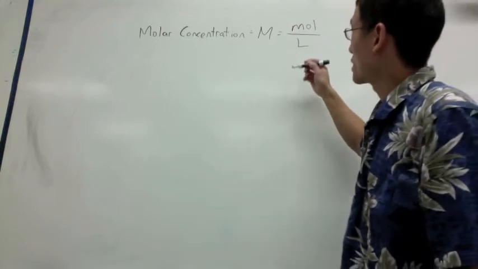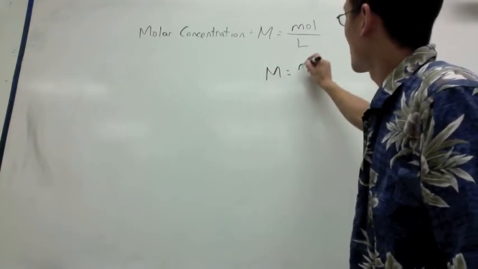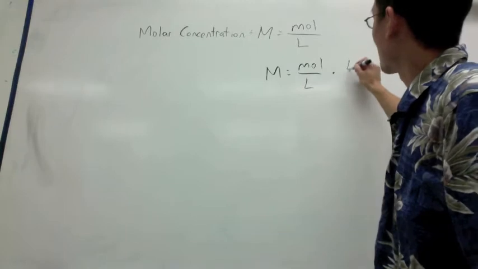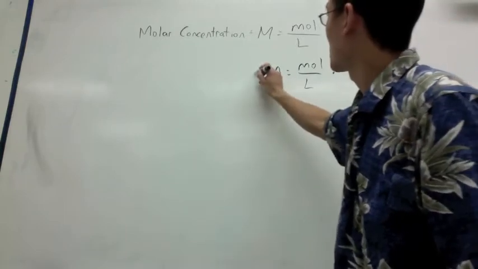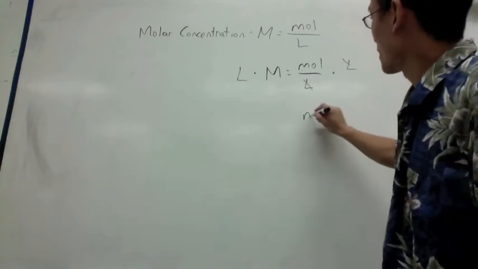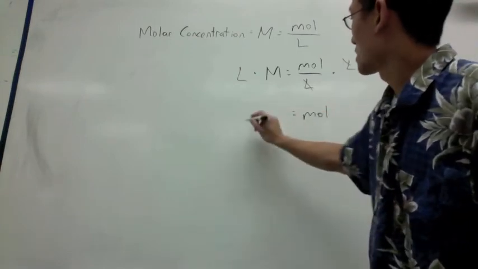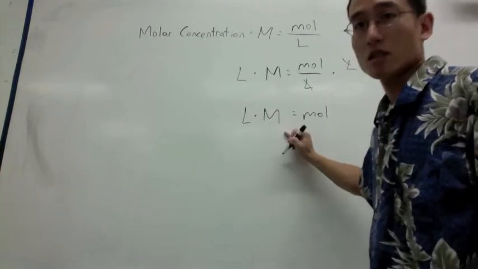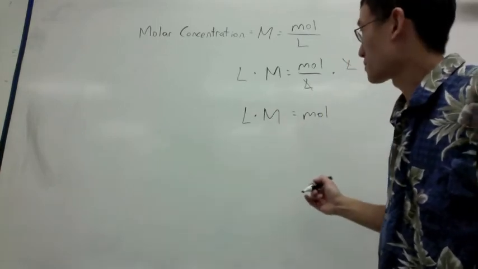Well, if you have this equation here and you simply rearrange it, so if you multiply both sides by the volume, this side cancels out, and the moles of solute ends up being the liters times the molarity of that solution.